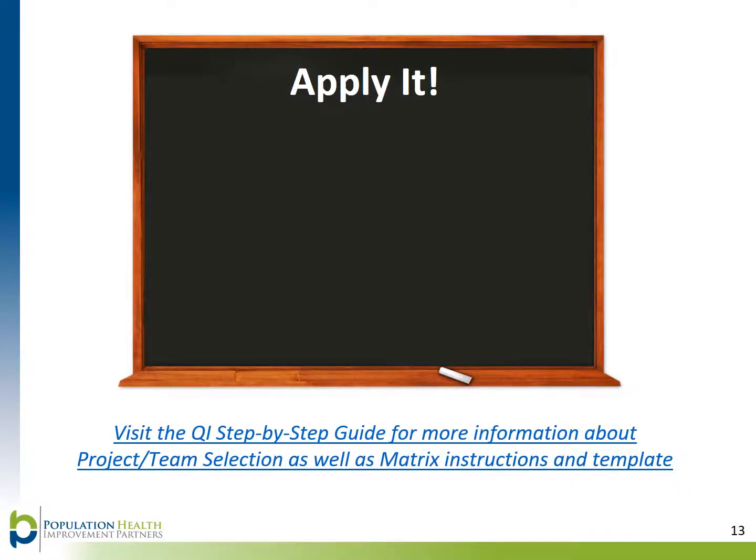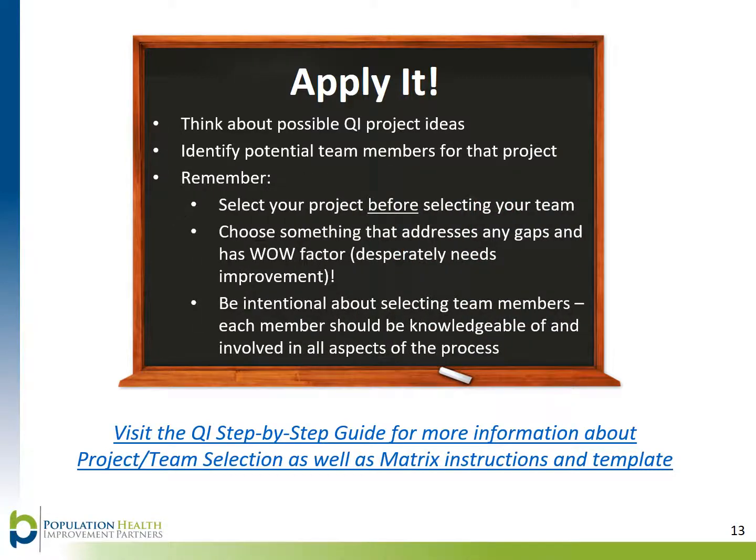Now let's try it. Think about possible QI project ideas you have been discussing in your organization, or any areas you may have noticed a need for change. Where are the gaps between what you desire and your actual performance? Does the project have a strategic connection to your agency? Can the project be done on a small scale and show results in 2 to 3 months?